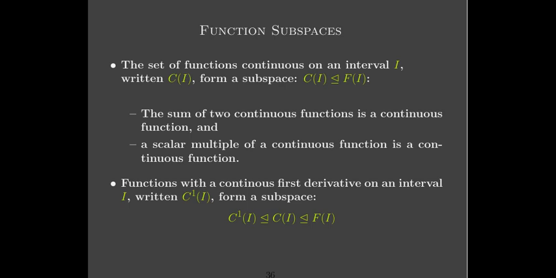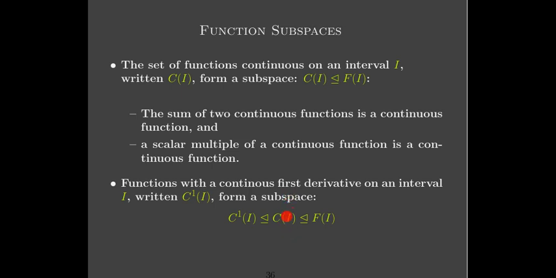We could also look at the set of functions with a continuous first derivative on an interval I. They form a subspace. And in fact, that's a subspace of the continuous functions. If a function is differentiable, it has to be continuous. But we know that the converse is not the case. You can have continuous functions which are not differentiable.